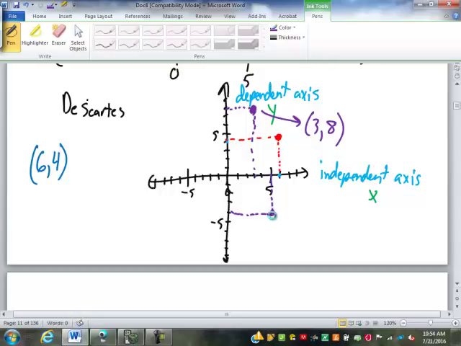What's that point represent? 5, and then -4. Remember that independent, or the x-axis, always goes first. What's this point represent?